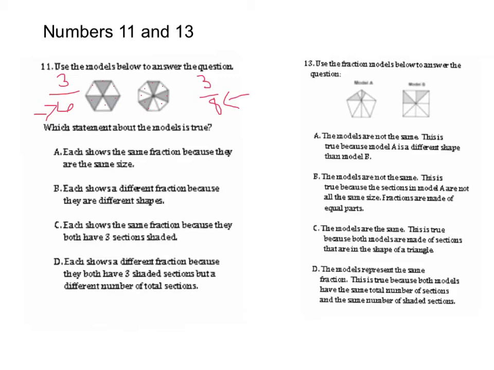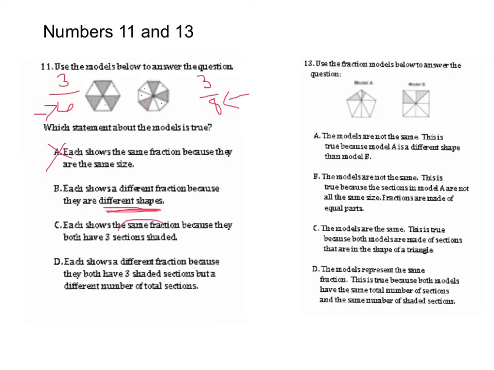So, which statement about the models is true? Each shows the same fraction. No. We just said 3/6 is not the same as 3/8. These are not the same fractions. The sizes are different. Each shows the different fractions because they're different shapes. Well, they are different shapes, but is that really the best answer? Let's keep going. Each shows the same fraction because they have 3 different sections shaded.